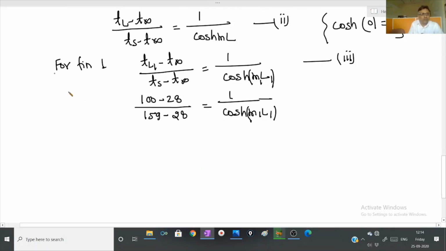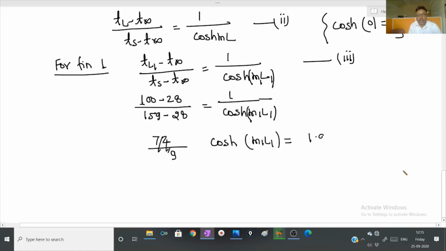So for fin 1, after putting in the values, (100 − 28)/(159 − 28) = 1/cosh(m1 L1). After solving this entire term, cosh(m1 L1) will be equal to 1.8194.